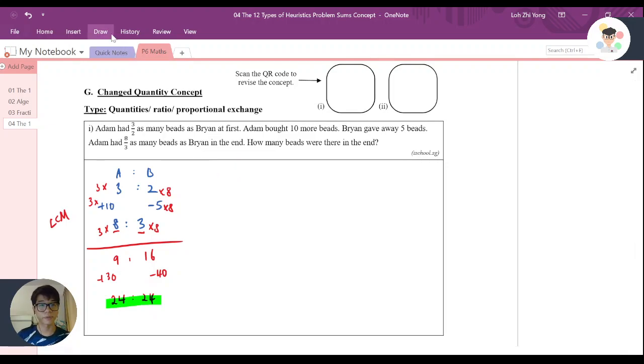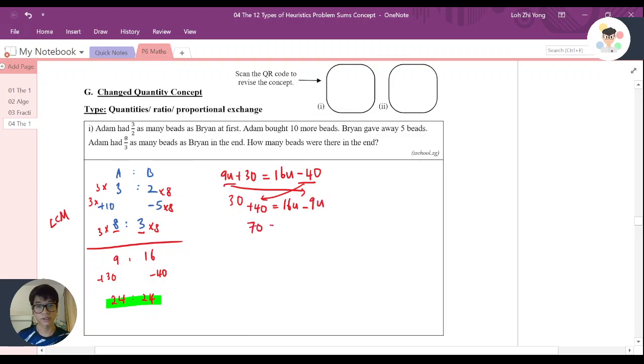So we can say that 9 unit plus 30 is 24, and 16 unit minus 40 is 24. So they are the same. So 9 unit plus 30 is the same as 16 unit minus 40. And as usual, we can move the units or the numbers. For example, the minus 40, I move here to become plus 40, equal to 16 unit. This 9 unit, I move it to here to become minus 9 unit. So here 70 is equal to 7 unit. If 7 unit is equal to 70, I can say that 1 unit is equal to 10.